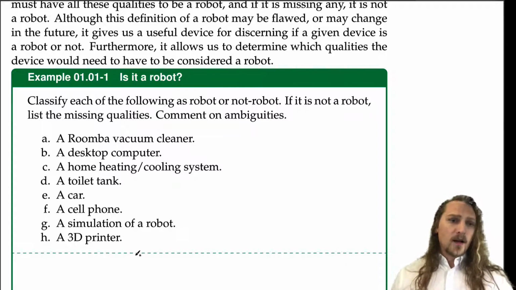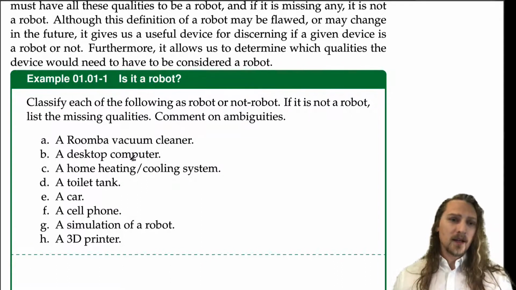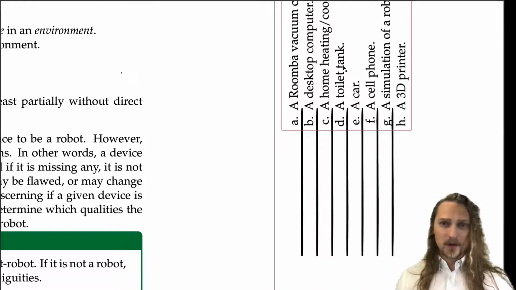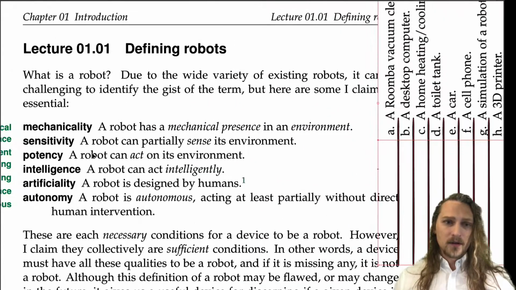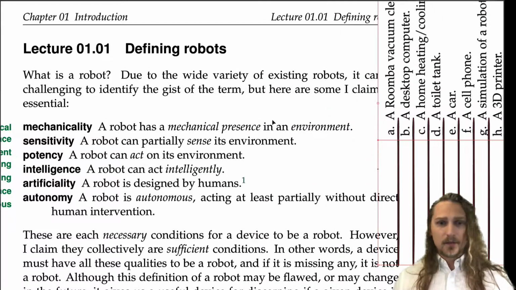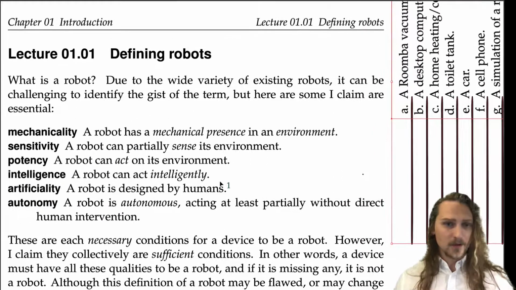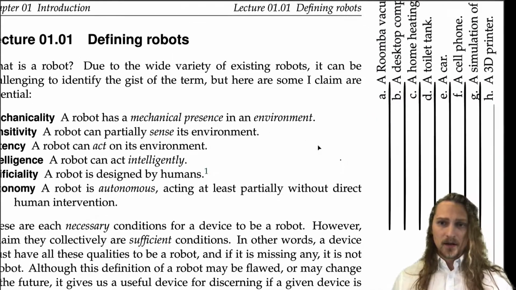So I thought that we could just take a look at this almost as a table. I went ahead and copied these A through H up here before we started, and I want to put them next to our criteria. We have 6 different conditions that need to be met in order for it to be considered a robot on our definition. So let's decide for each one of these if it meets these requirements.